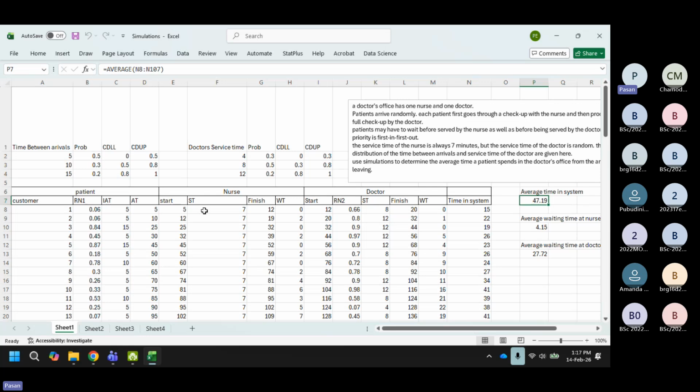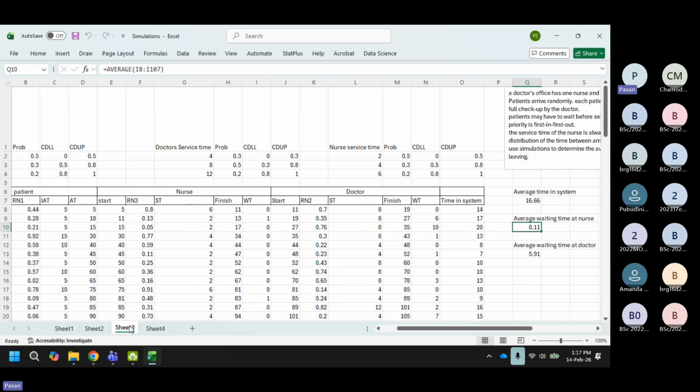I'd like to have some variability for the service time at the nurse as well. So I created this one here. I basically modified the question and added the service time for the nurse with some distribution for that as well. So now I created this distribution here, given 2 minutes, 4 minutes, and 6 minutes with these probabilities, and then I have the cumulative distribution there.